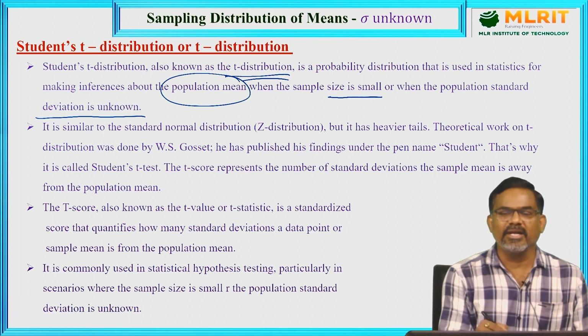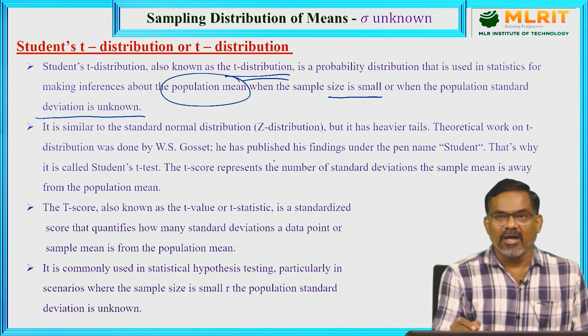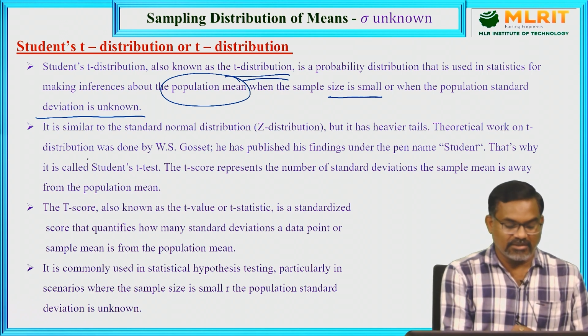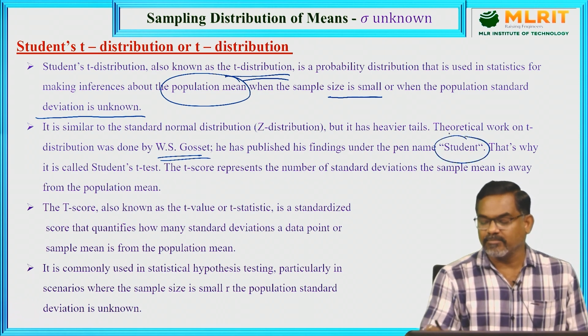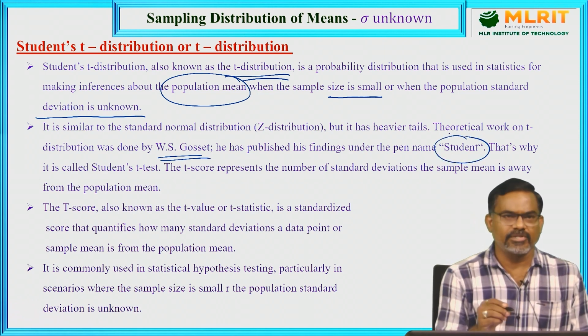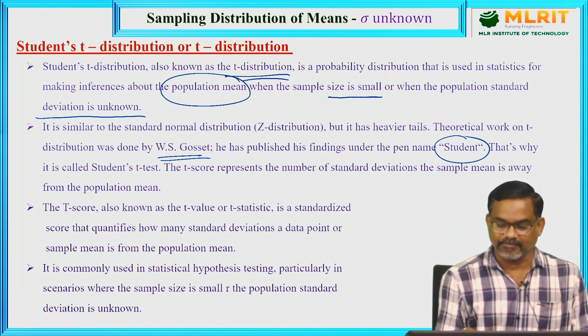It is similar to the standard normal distribution, Z distribution. The theoretical work on this distribution was done by W.S. Gossett, who used the pen name student. That's why it is called student's t distribution or simply t distribution.